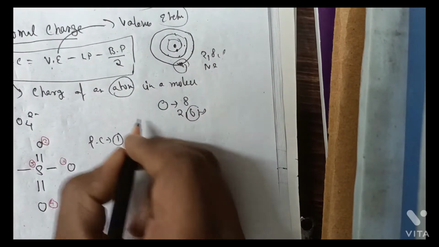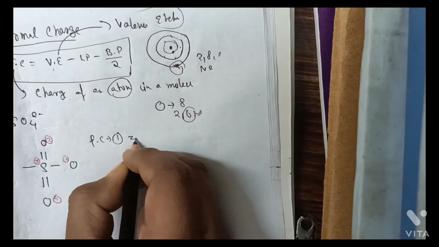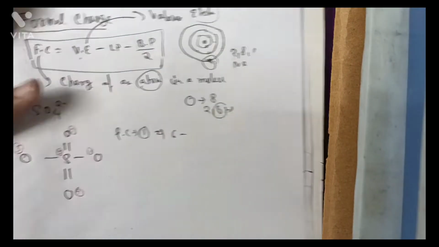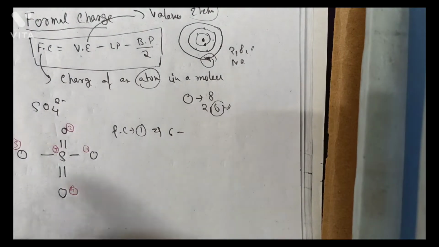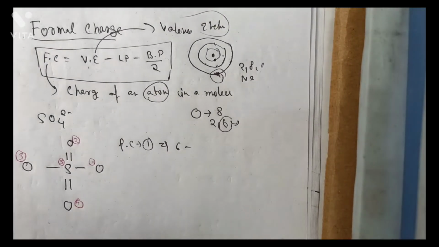So what is the valence electron of oxygen? It's 6. So first we put valence electron equals 6, minus lone pair. Lone pair electrons are the electrons which do not take part in the bonding. So we're gonna find the lone pair.